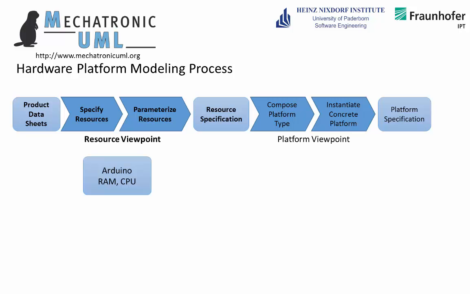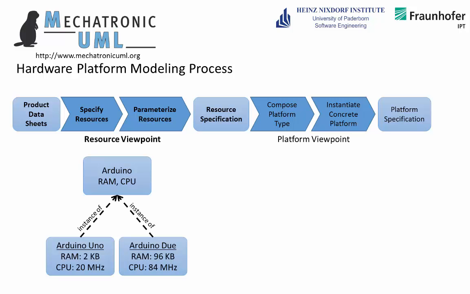Next, the resource type is instantiated and parameterized. For our Arduino car, the Uno board, the Duo board, and their clock rate and size of memory are specified. This information is later used for worst-case execution time analysis and to determine a safe deployment of a software system.